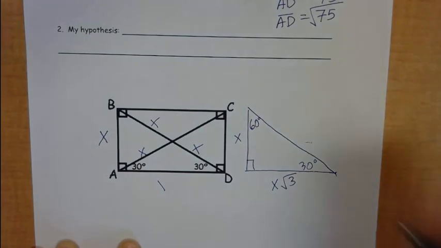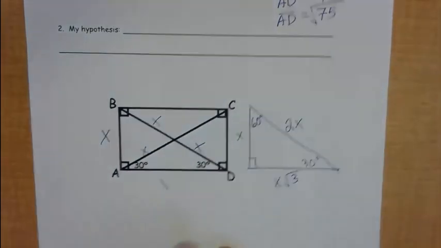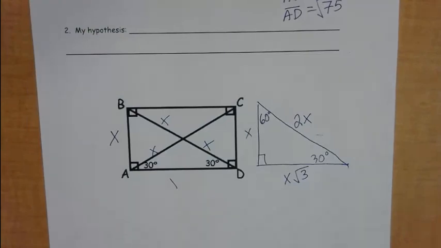And then opposite from 90 degrees would be 2X. And this is a pattern that is actually true in all right triangles that have the same angles as these. The name for it is not very clever, but these are called 30-60-90 triangles. And the pattern that their sides follow will always follow this right here.